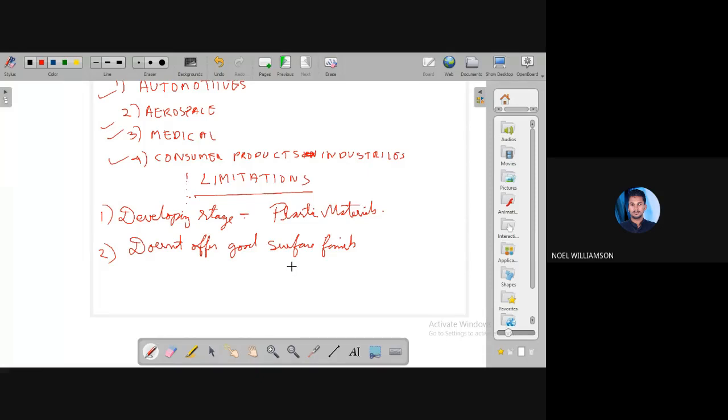The final product which is manufactured will have a good surface finish after many processes like grinding, polishing, fine polishing. So usually the final product will have good quality surfaces, but by rapid prototyping, we are just getting a particular shape, but the surface finish will not be as good.